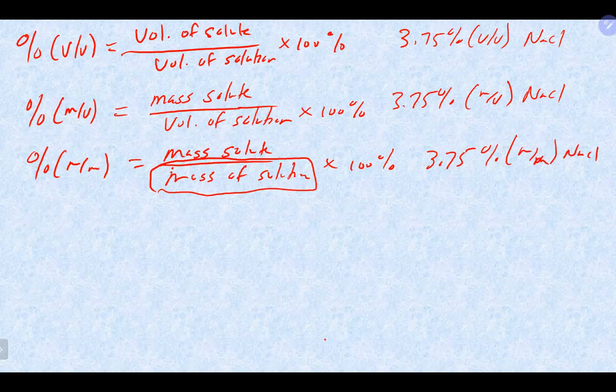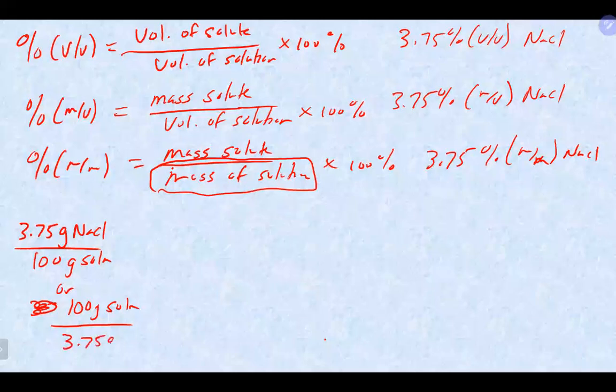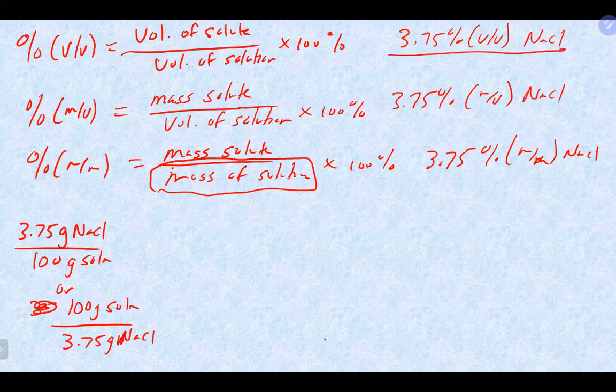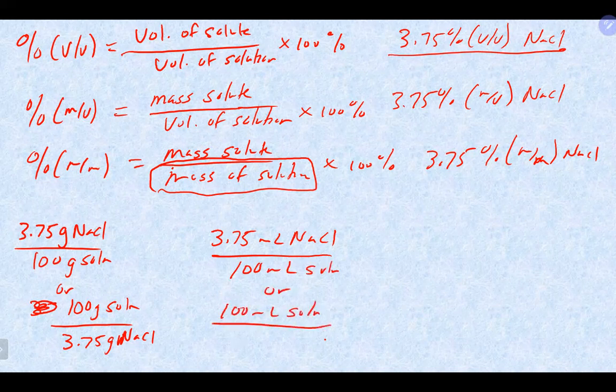So as we saw before, we could do 3.75 grams of sodium chloride over 100 grams of solution, or 100 grams of solution over 3.75 grams of sodium chloride. For the volume to volume, we could say that there is 3.75 milliliters of sodium chloride over 100 milliliters of solution, or in 100 milliliters of solution, there is 3.75 milliliters of sodium chloride.